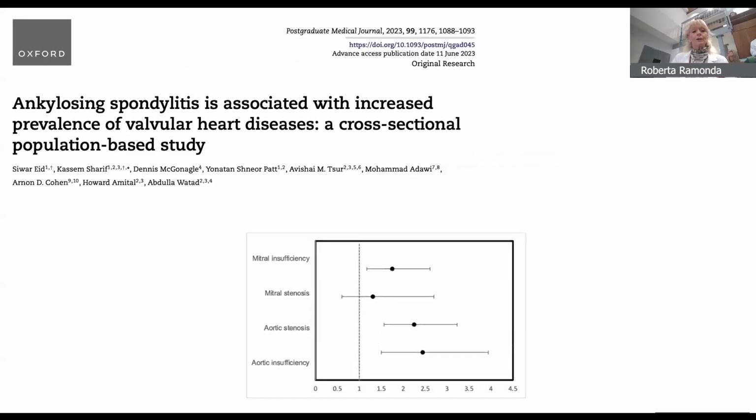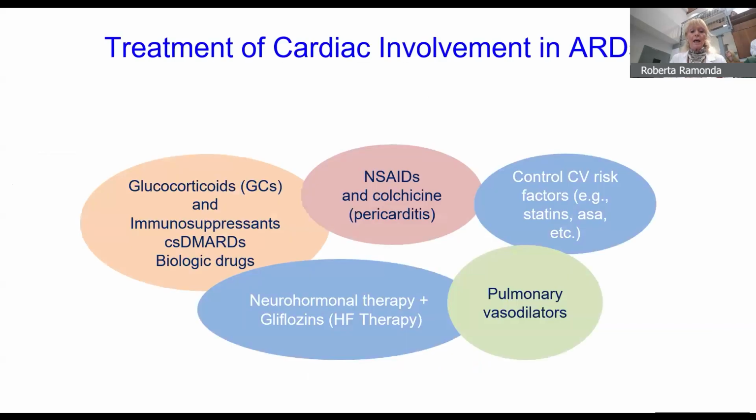In fact, spondyloarthritis could be associated with increased prevalence of valvular heart disease, and in particular aortic insufficiency and aortic stenosis, less often mitral stenosis and mitral insufficiency.